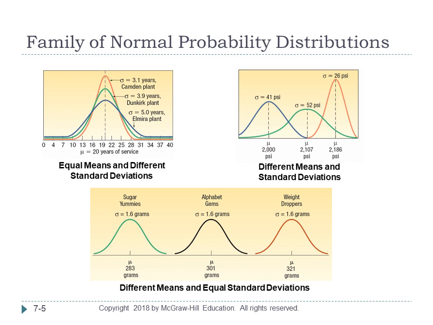The first graph to the left has 3 distributions. They all have the same value for the mean. The mean is equal to 20 years, but they have different standard deviations. The top graph is 3.1, the middle graph is 3.9, the lowest graph is 5.0 years.